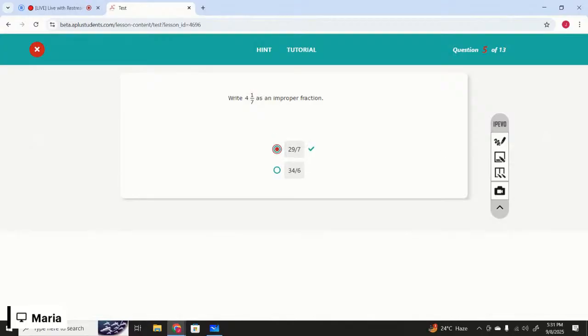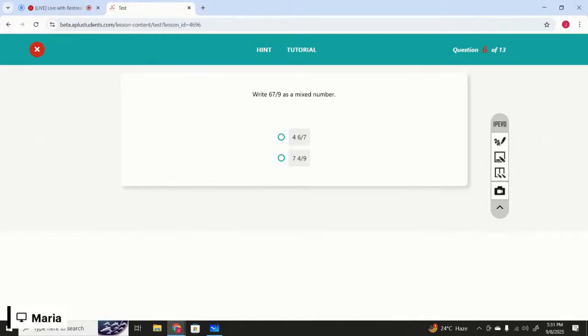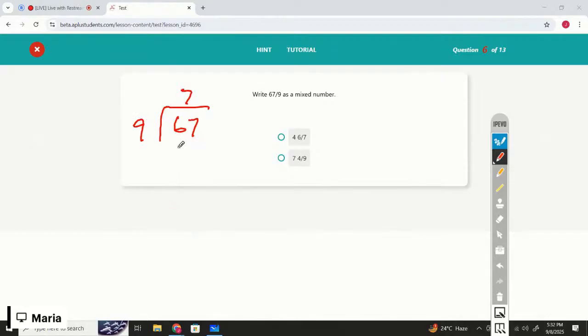Seven times 4 is 28 and 1, 29 over 7. Sixty-seven over 9. 9 times 7 is 63.